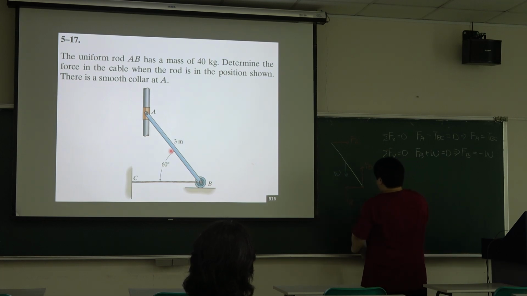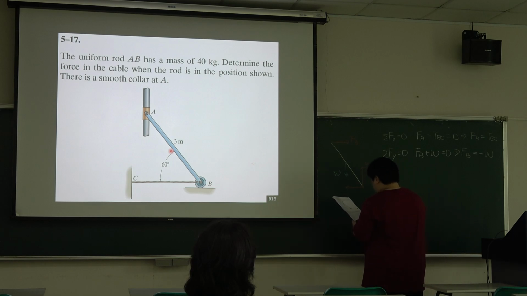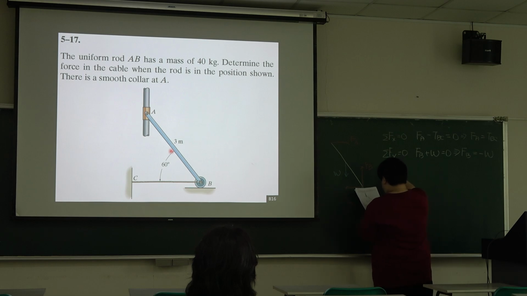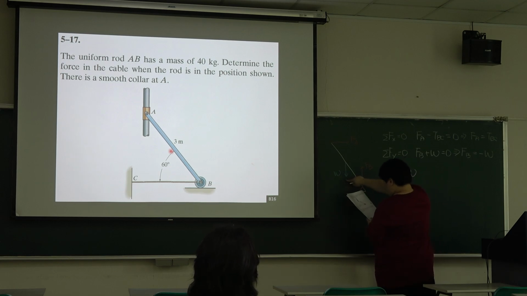And we can set the moment point. If we set the moment point at this part, we only consider these two forces, let the moment at the point B, so summation moment B is equal to the weight times the moment arm.